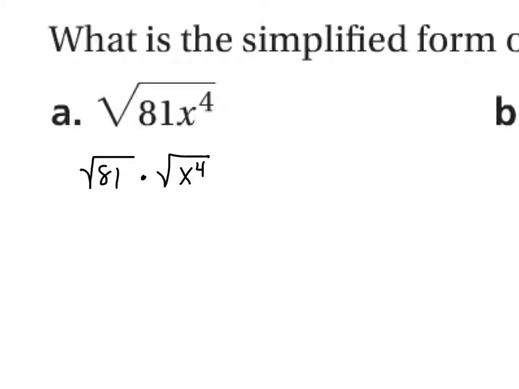So what is the square root of 81? 9. Well, the square root of x to the fourth, I have to rewrite as the square root of something squared. X squared squared gives me x to the fourth. So therefore, what's the square root of x to the fourth? X squared.